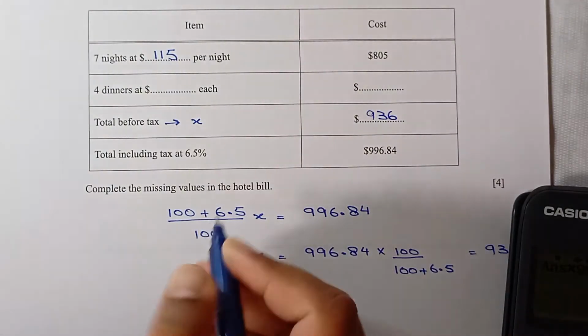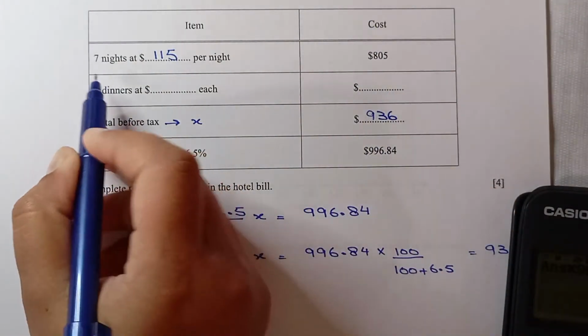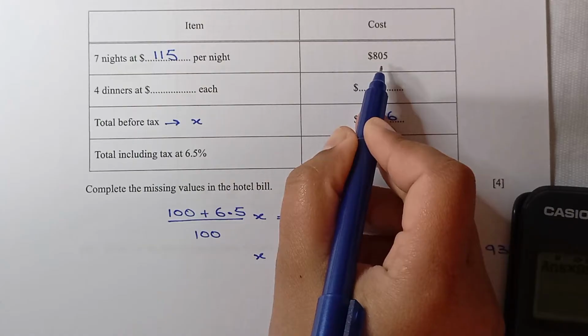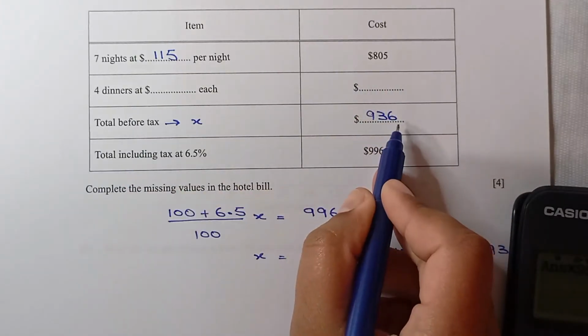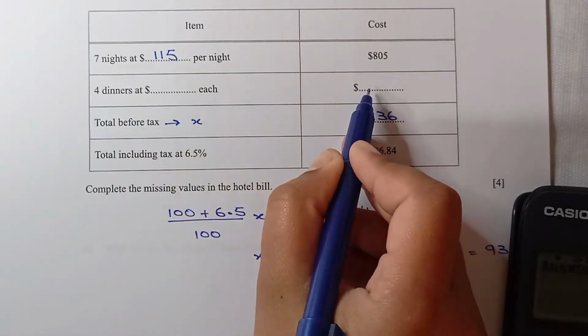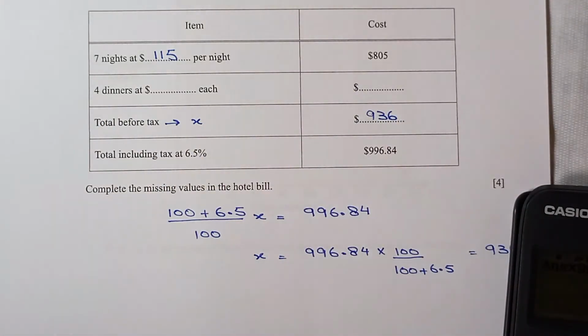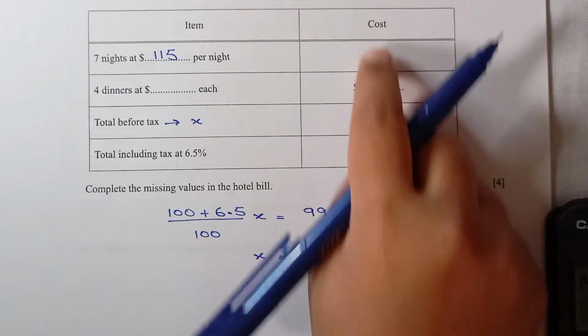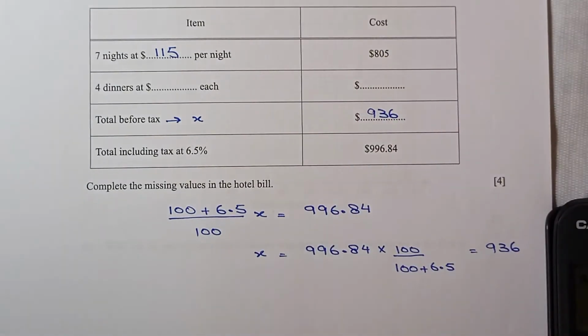Now these are the costs: the 7 night stay cost and the total before the tax. Now we can easily find the cost of 4 dinners by subtracting the night stay from the total. So $936 minus 805 gives 131, which is the cost of 4 dinners.